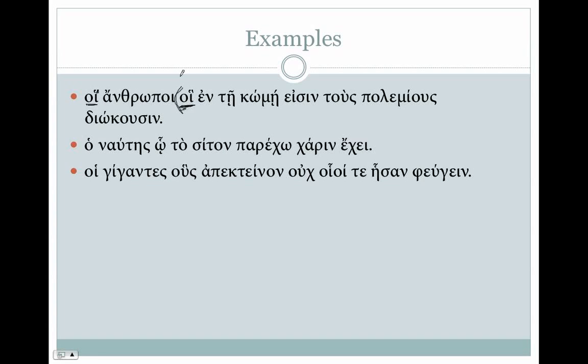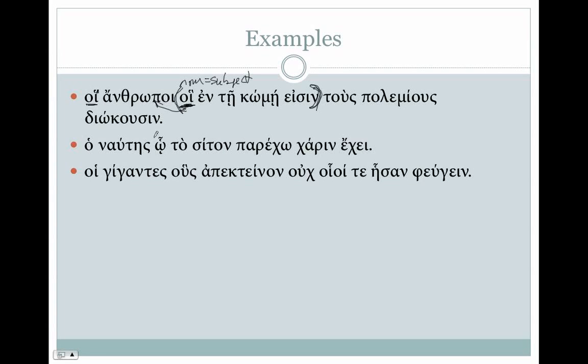Who, and I see it's nominative, so it's going to be the subject. I know it's masculine and plural because it refers to men. So the men who in the village are. Okay, who are in the village? That's a complete idea. Great, I can stop my clause. So the men who are in the village, and now we jump back. What did the men do? They pursue the enemy.